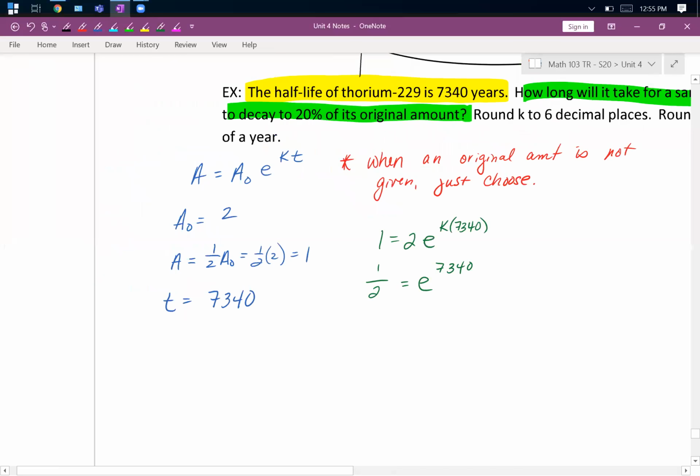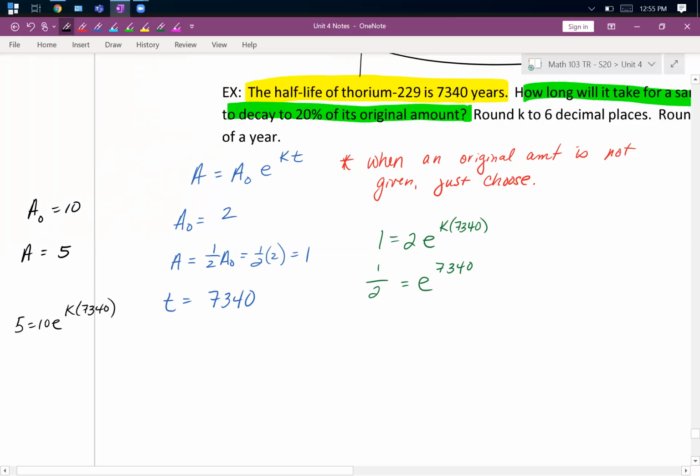So say I had chosen something else. Say we chose our a sub 0, I don't know, to be 10. And then our A would be 5. So if we did that, and our t is the same, we'd have 5 equals 10 times e to the k times 7,340 power.